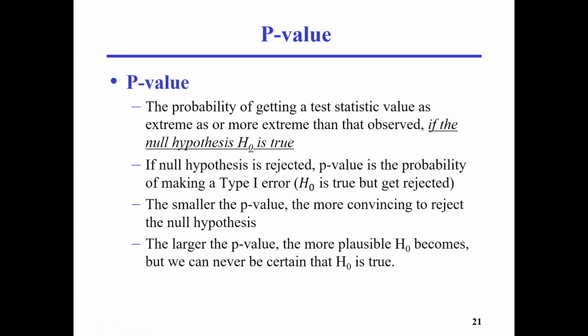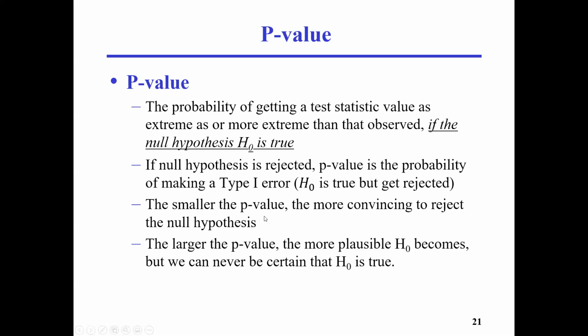Okay. So the smaller the p-value, the more convincing to reject the null hypothesis. The larger the p-value, the more plausible H0 becomes, but we can never be certain that H0 is true.